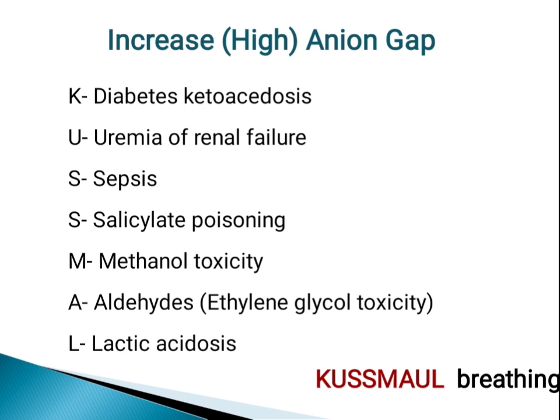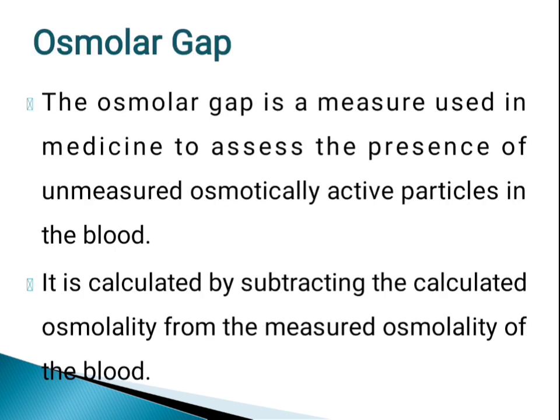So now let's talk about the osmolar gap. What is osmolality of plasma? The presence of total osmotically active particles in plasma, we call it the osmolality. How can this osmolality be calculated?